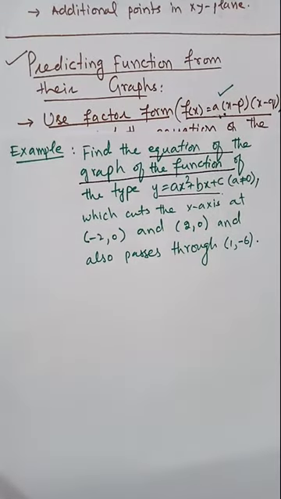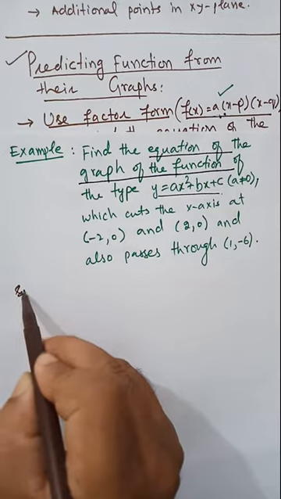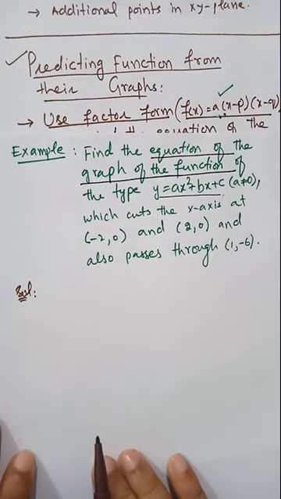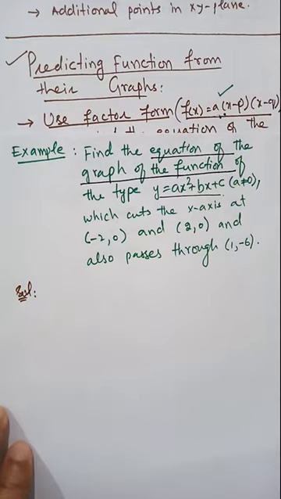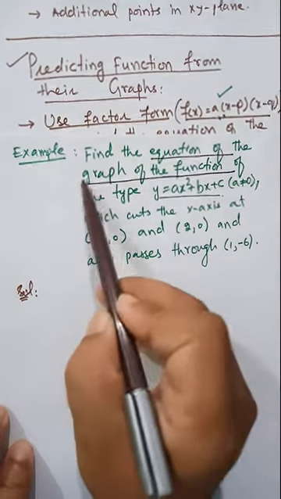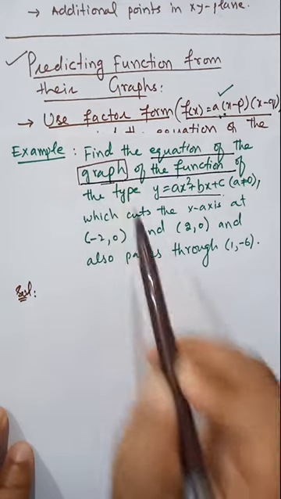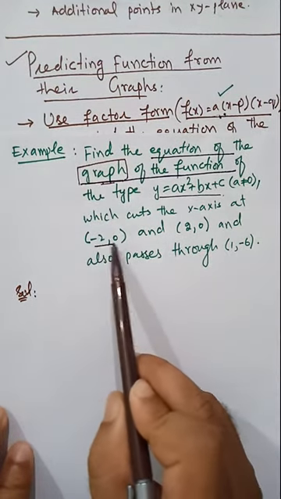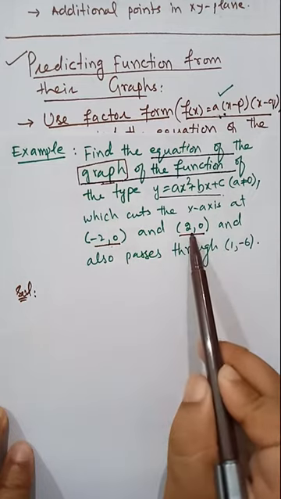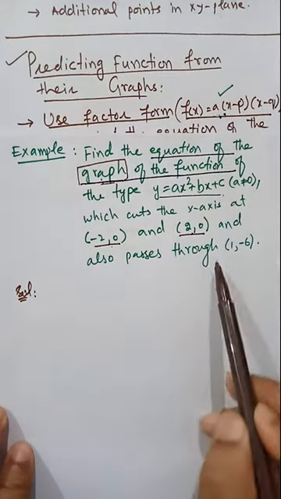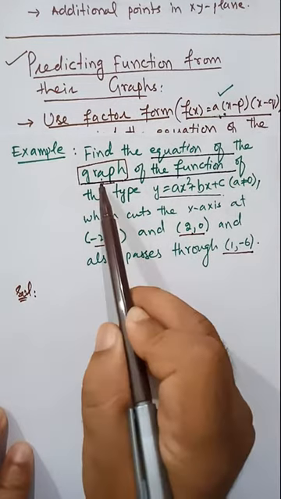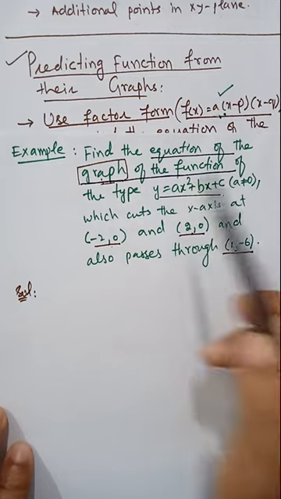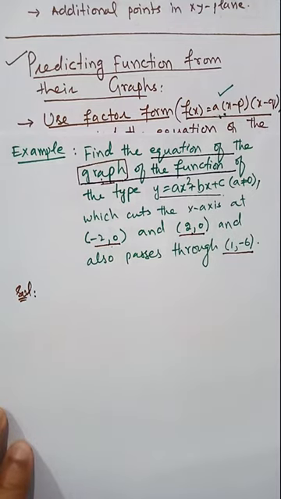Okay, so in the solution you need to find the equation of the graph of the function. These are the pieces of information about the graph. You see, the graph passes through the x-axis at these two points, and it also passes through this point. So the information is given about the graph of the function, and you need to predict the equation of the function.